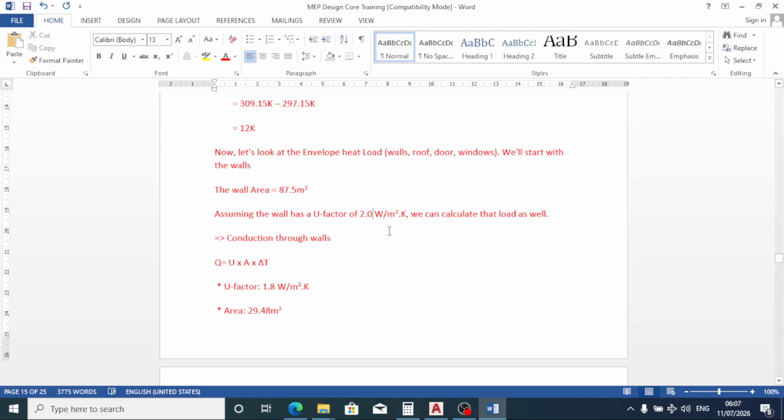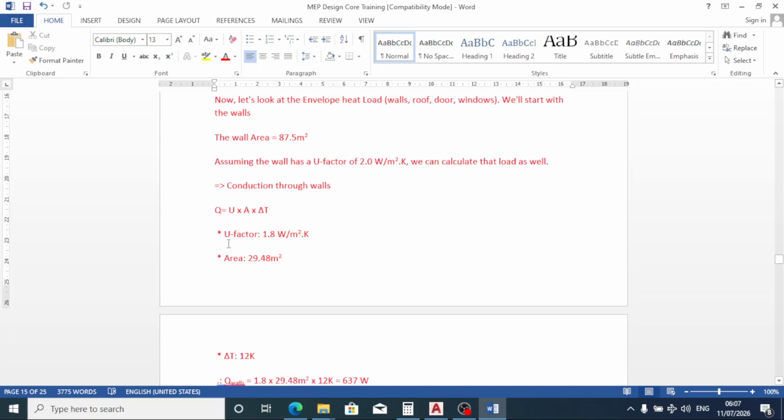So you can see the unit, watt per meter squared Kelvin. So that is why we converted our temperature to Kelvin. So now we have our wall area, we have our U factor, we have our change in temperature, which is 12 Kelvin. So we just go ahead and put all this into the formula.